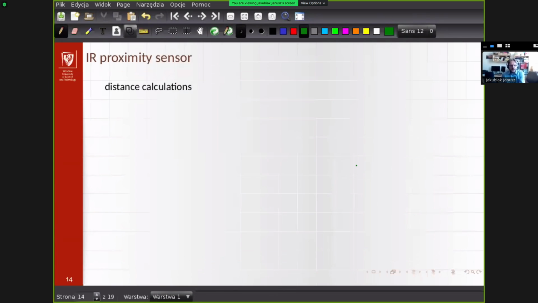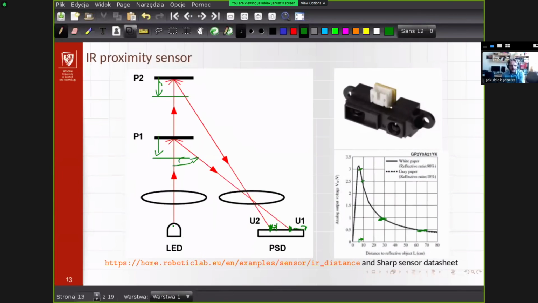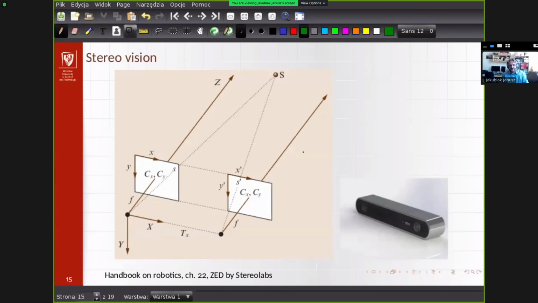On the previous page, the LED was projecting in a single direction, and you already knew it. And it was in fact an active sensor because it was sending a certain beam that was getting reflected, while stereo vision is passive. So we don't send anything, but you just measure an object.